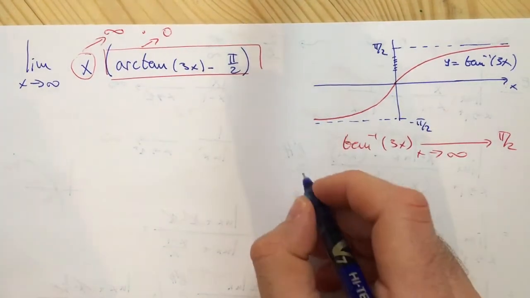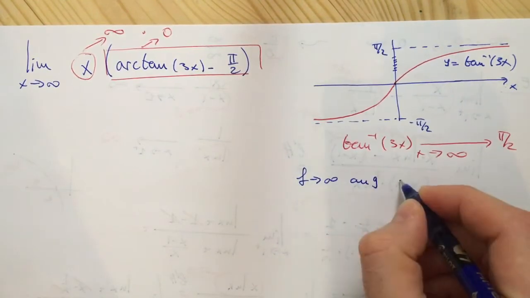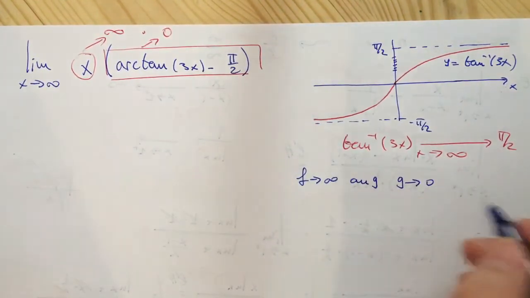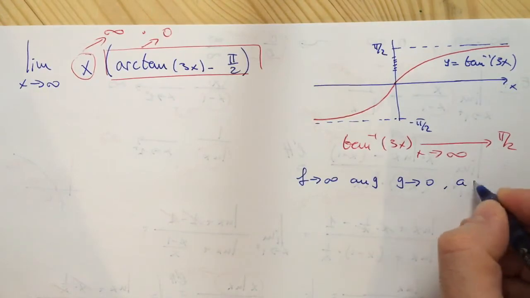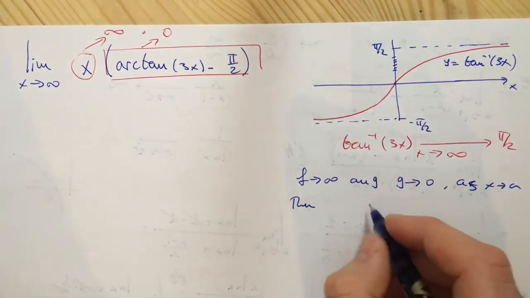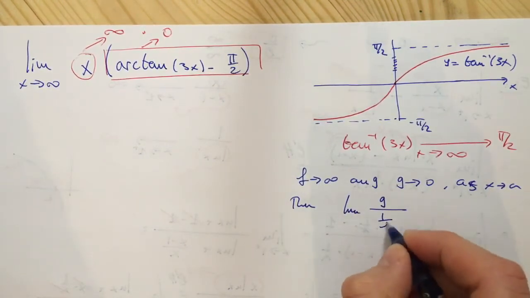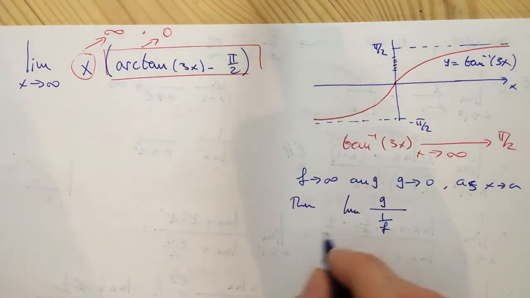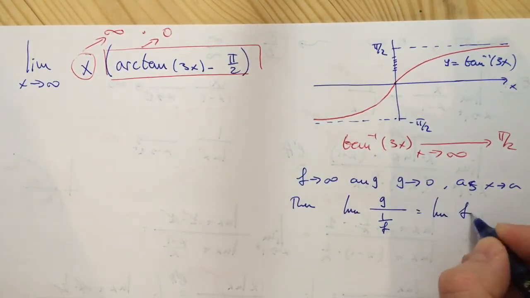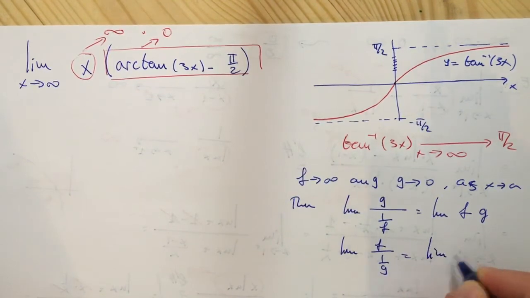And whenever we have infinity times 0, if f goes to infinity and g goes to 0, right, as x goes to some number a, then we will evaluate this limit if you represent this as g over 1 over f, which will be the same as f times g, or limit of f over 1 over g is going to be the same as the limit of f times g.